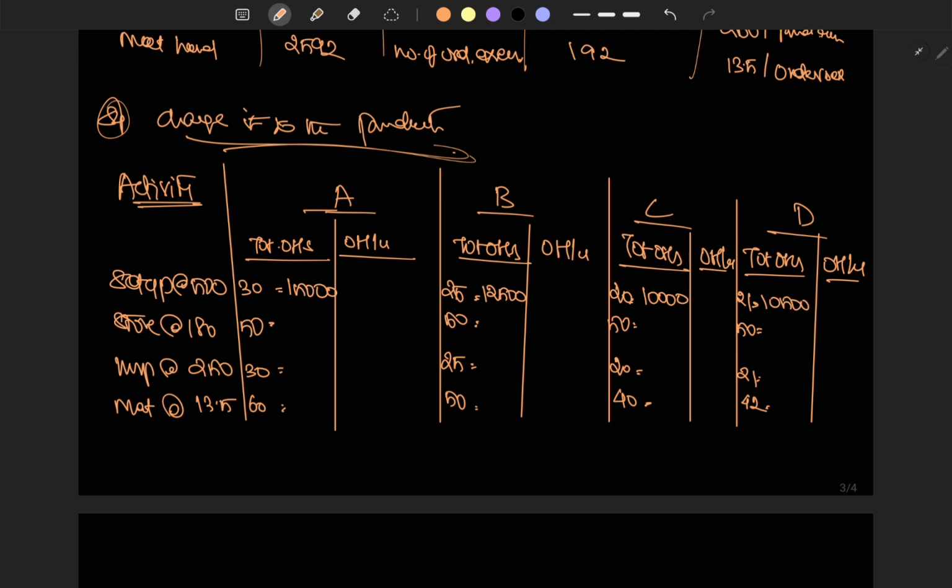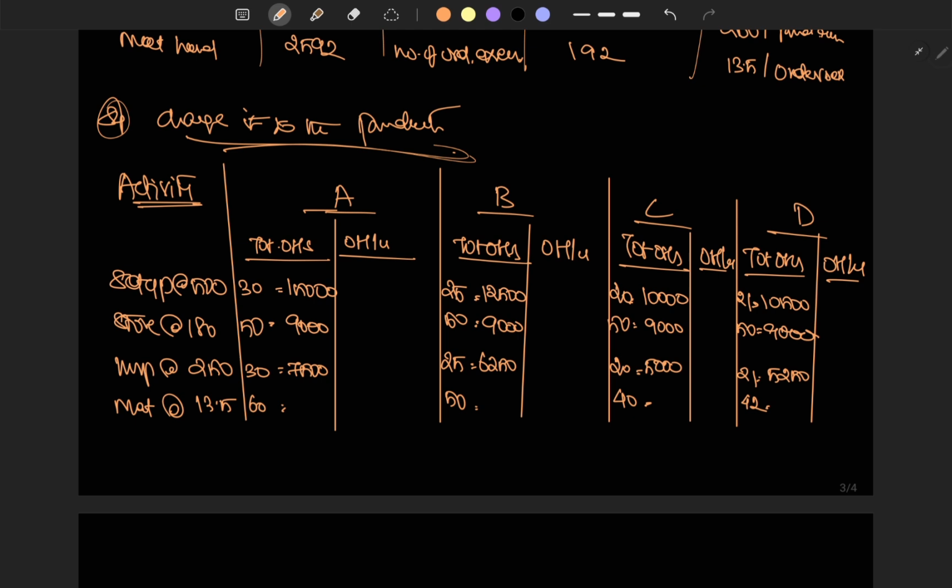Now 180 into 50 is 9,000. Since the number of requisitions raised is the same for all the products, we can easily copy the values. And 250 into 30 gives us 7,500. 25 gives us 6,250. 20 gives us 5,000. 21 gives us 5,250.